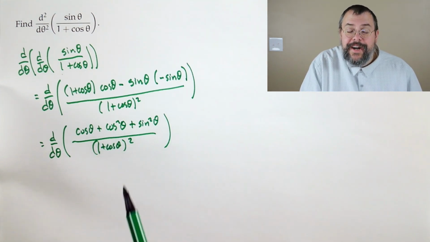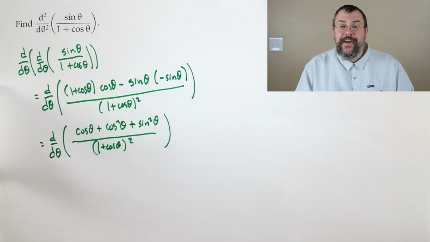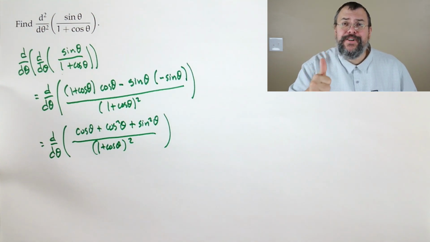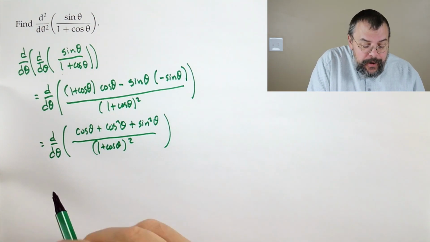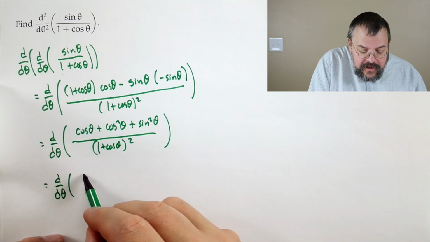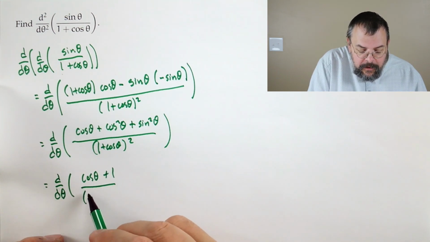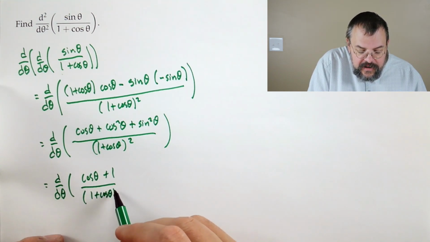Cosine squared plus sine squared. That's an identity. That's one of the best trig identities. In fact, I would say it's the number one trig identity. So we can replace that. So that's really the derivative of cosine of theta plus 1. And of course, downstairs you have 1 plus cosine theta squared.